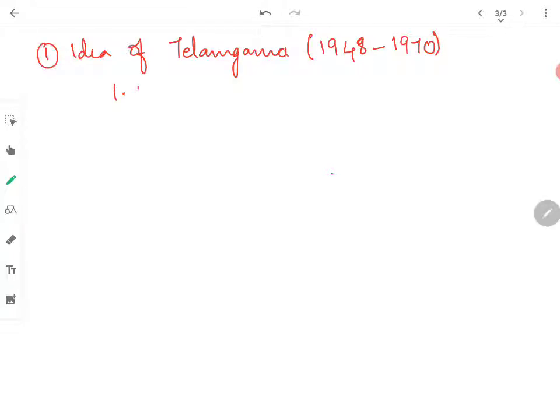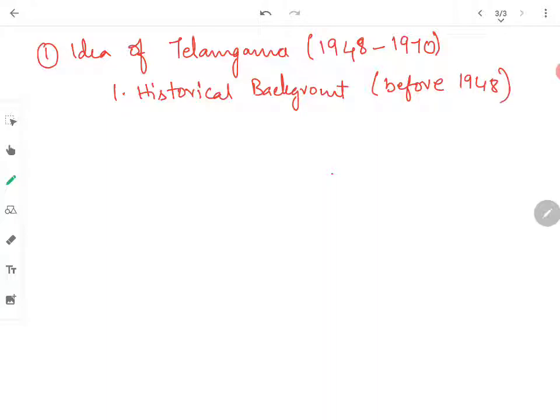The first chapter is the historical background, which is basically the period before 1948, during the rule of the Nizams. Nizams were basically under the Britishers. During the rule of Nizams, what were the geographical conditions?